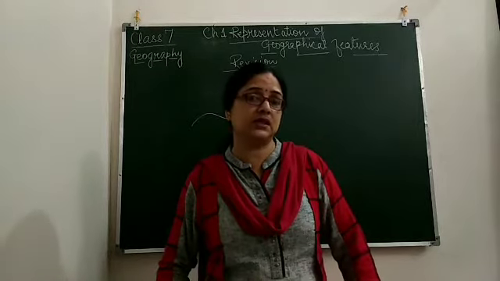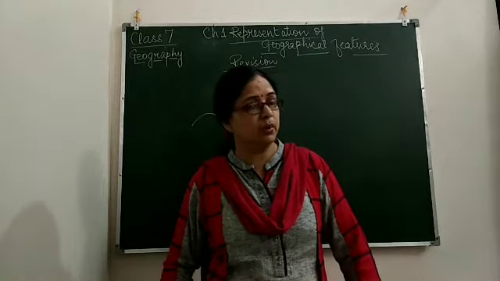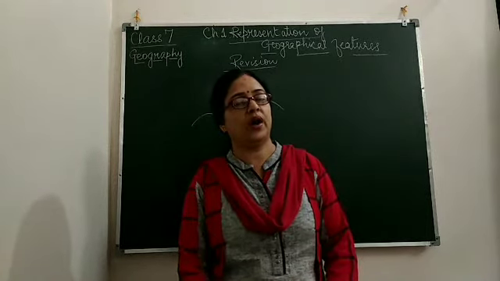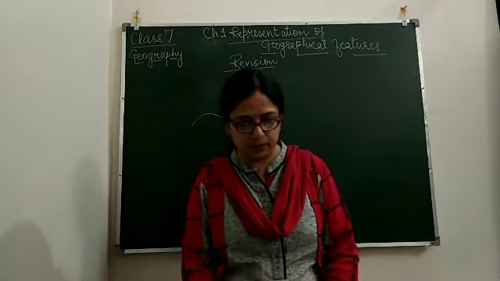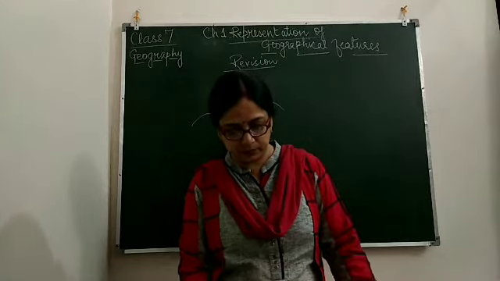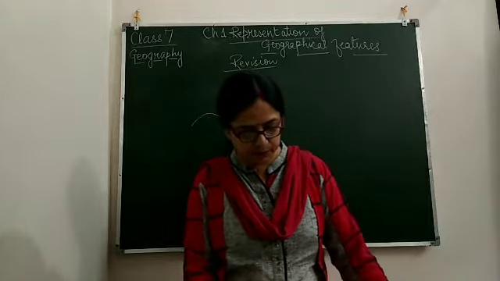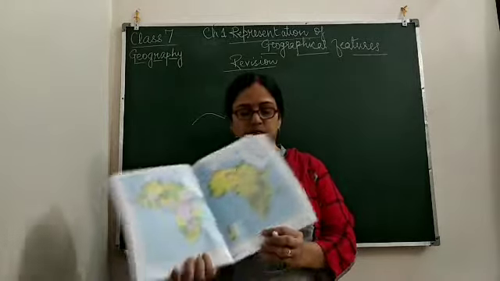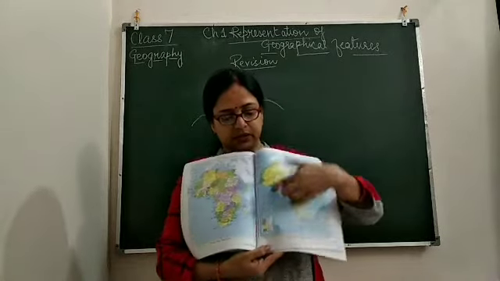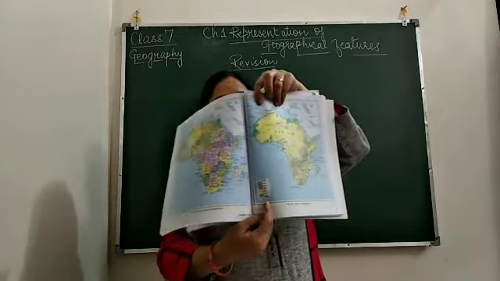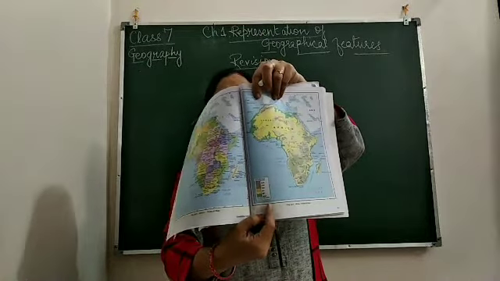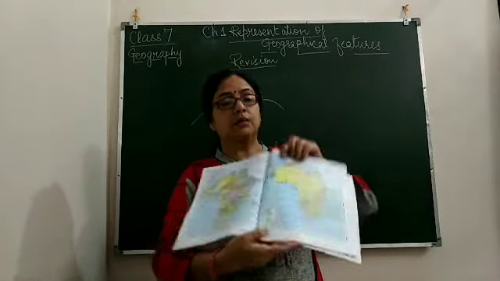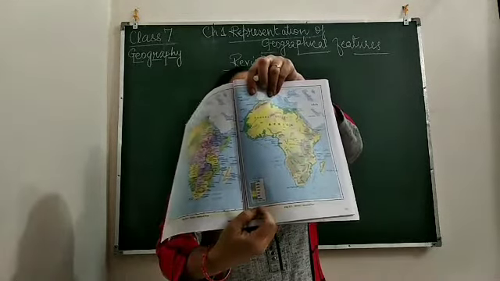Now next one is the conventional signs and symbols. If you remember, at the bottom of the map you will find that some symbols are there which are representing what it shows. Suppose you can see here, different colors are there, and in front of it some numbers are mentioned.